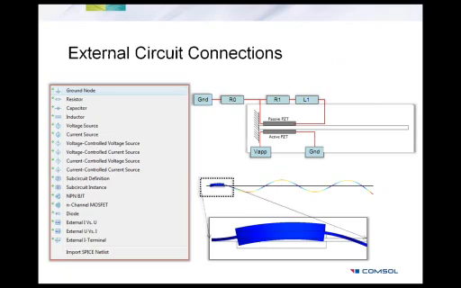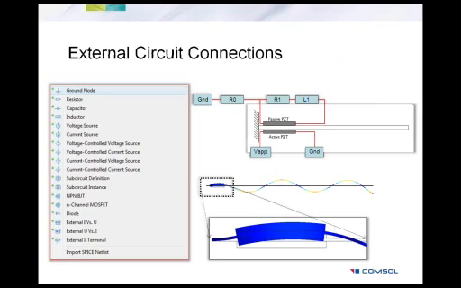The user interface lets you do this by either creating a circuit using the components which are provided in the user interface, which I have shown on the left-hand side of the screen, which is basically resistors, capacitors, inductors, some diodes and transistors and things like that. You can use those and build your own circuit, or you can also import a SPICE circuit and then connect it to your model.